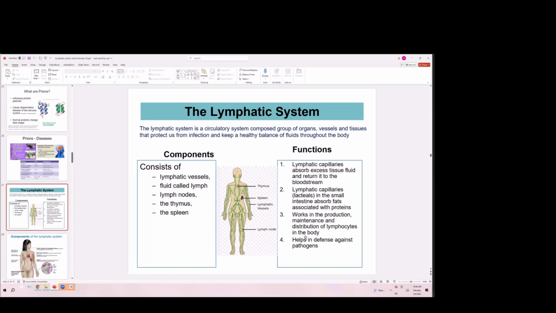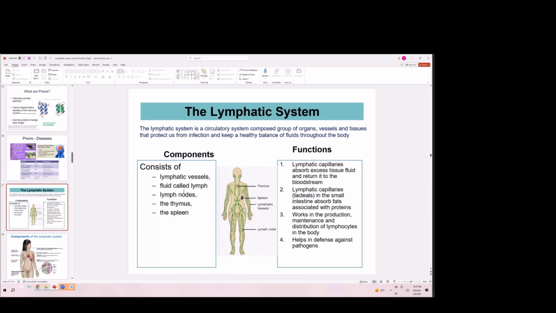If there's any excess in our tissue fluids, it moves into the lymphatic vessels. It's almost like a reservoir: if there is more liquid in the tissue, the reservoir picks up the excess. If there is less liquid in the tissue, liquid moves from the system and replenishes the surrounding tissue.